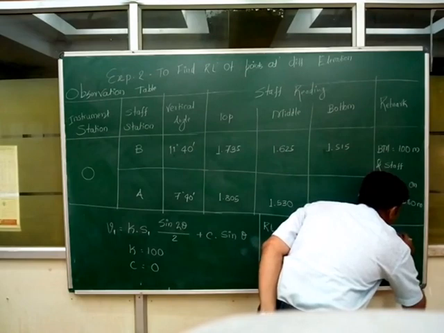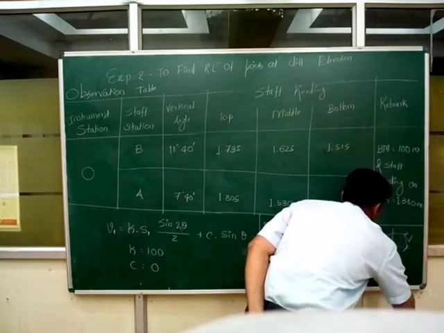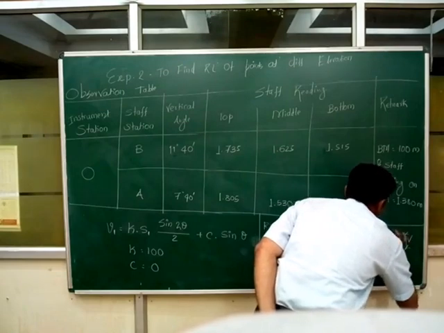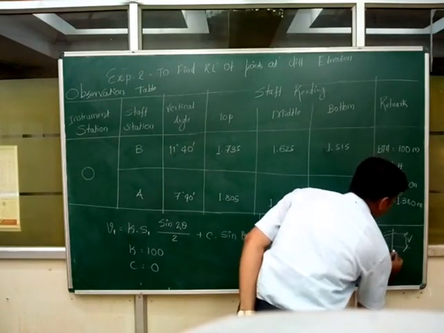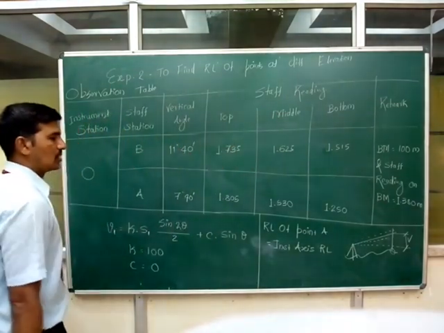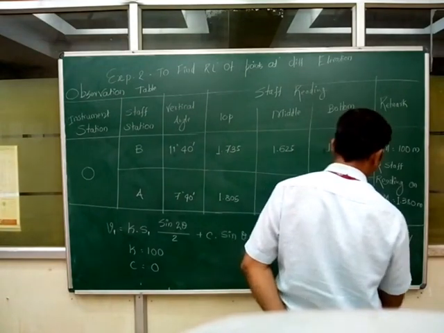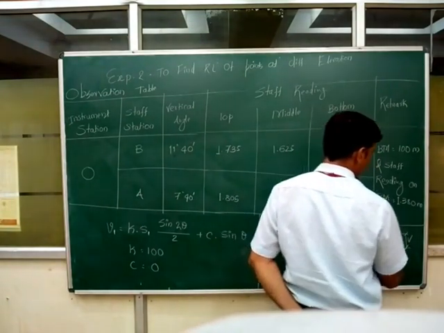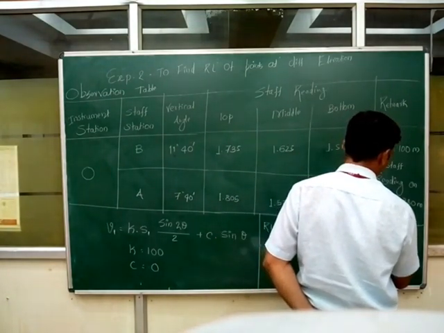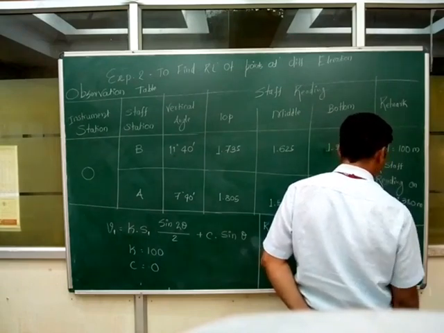From the instrument axis, this distance is V, as it is the central gravity, bottom, and say this is top.